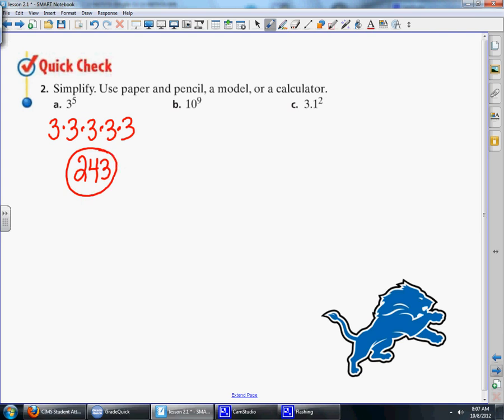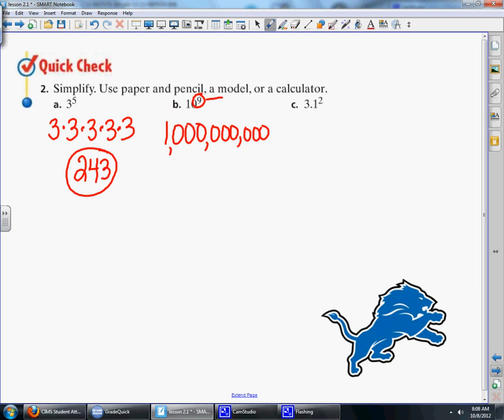Now, when you have powers of 10, there's a little trick. Instead of punching in 10 to the 9th power on your calculator, which you can do, the exponent tells you how many zeros we're going to have after the number 1. So we're going to have 9 zeros. 1, 2, 3, 4, 5, 6, 7, 8, 9.